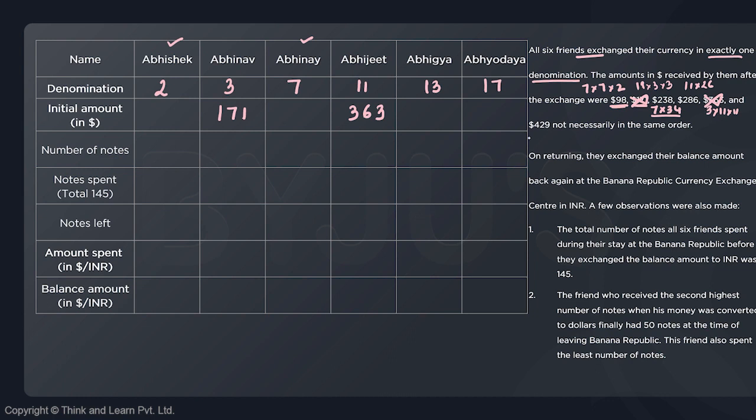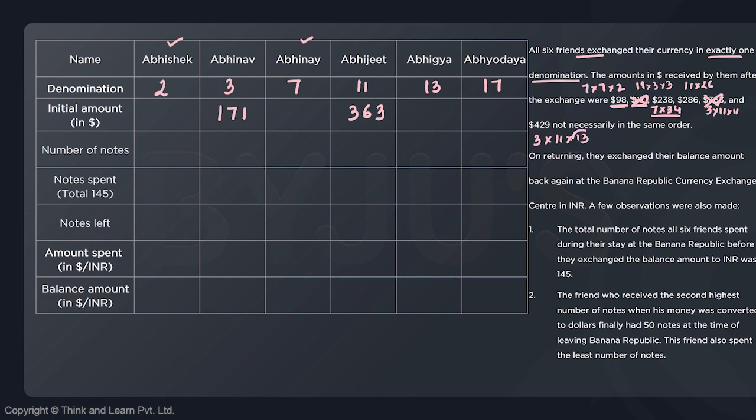Then I move ahead to 429. Let's talk about 429. So when I look at 429, whose multiple is this? This is 3 into 143, that is 11 into 13. It's a multiple of 3, 11 and 13. But a multiple of 3 is already with Abhinav. A multiple of 11 is already with Abhijit.